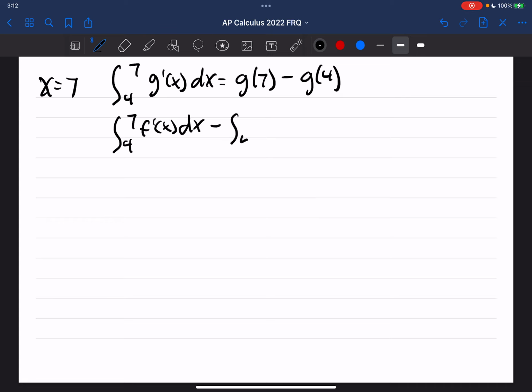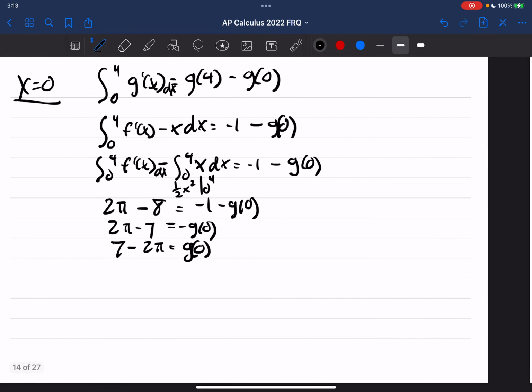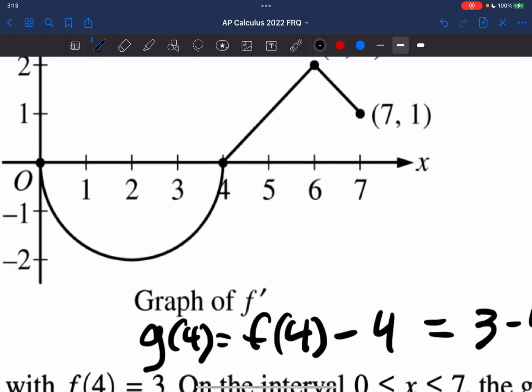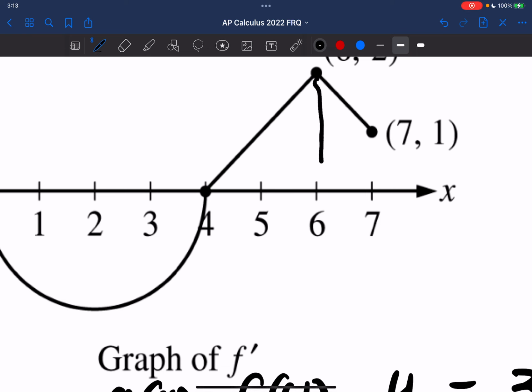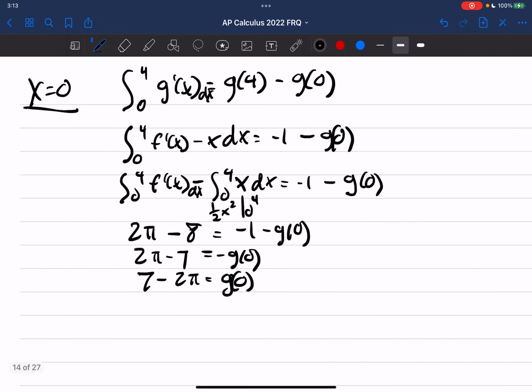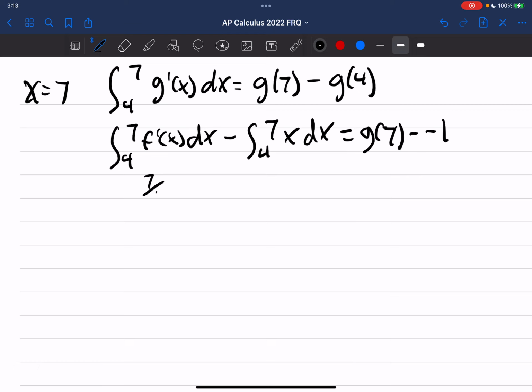Now we'll just separate out the integrals from the start, minus the integral of x dx, equals g of 7 minus negative 1. So now I've got to find the integral of f prime from 4 to 7, so I have to go back up to here. From 4 to 7, this square is 1, this triangle is 2, this triangle is 1/2. So that's 3.5, or 7/2 as an improper fraction.